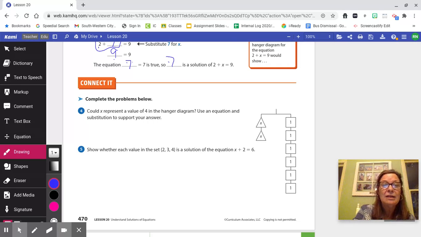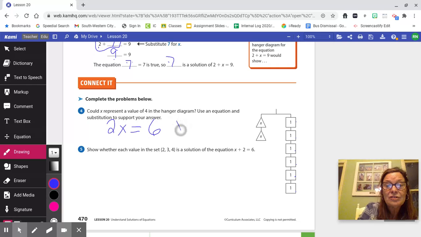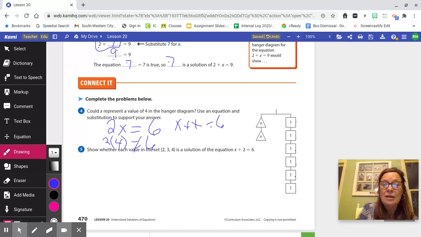Let's say my equation could be 2 times x is equal to 6. Or you could have also said x plus x equals 6. Then I'm going to substitute 4. 2 times 4 equals 6. So not true. So the answer could not be 4.